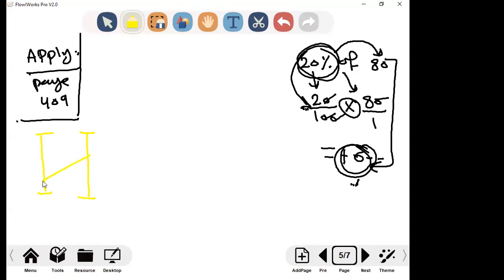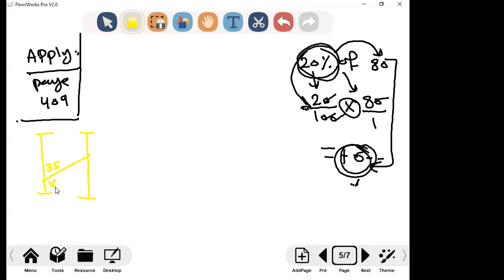We have this angle here, 35, right? And here is X. The question said, engineers determined that the measure of the angle X needs to be about 7% less.